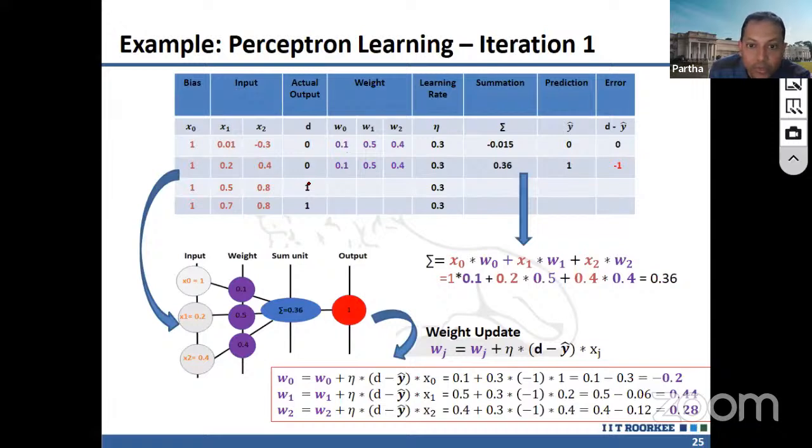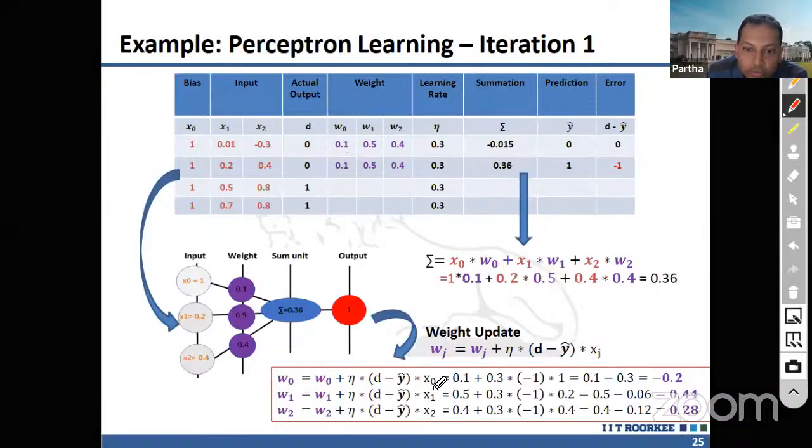So the value of weights needs to be changed. How? All these weights will be changed to Wj, whatever old value, plus scaling factor into D minus Y into Xj. We have these three W's. W0 was 0.1, 0.5, and 0.4, right?